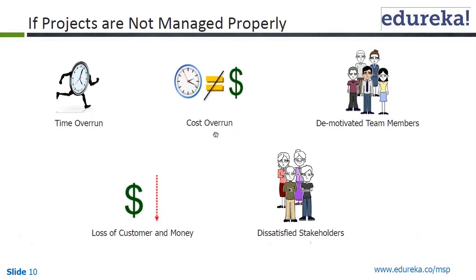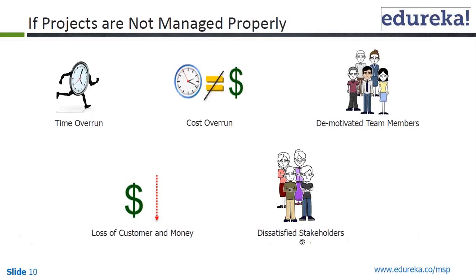If an overrun to a certain extent is acceptable to the customer but is not controlled further, you may lose your customer, and when you lose your customer, of course you lose your revenue, which you don't want to do. That's where the importance of managing a project comes in.